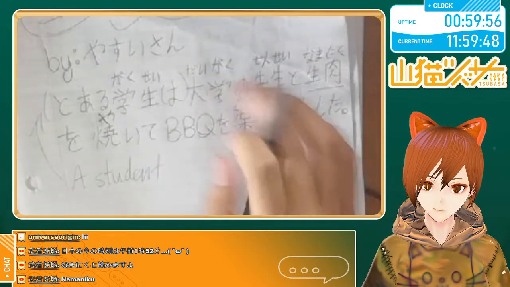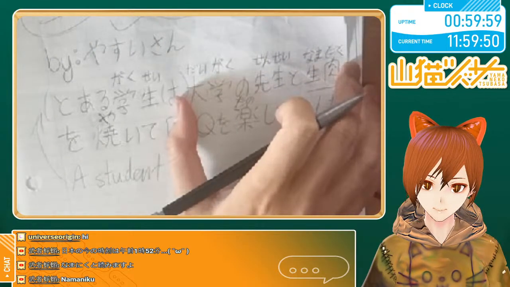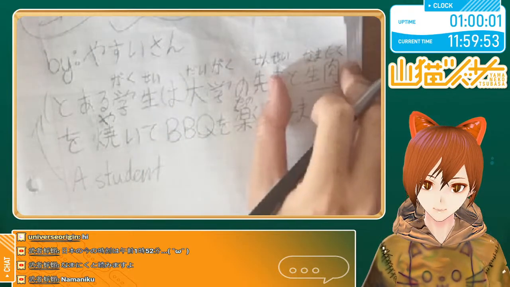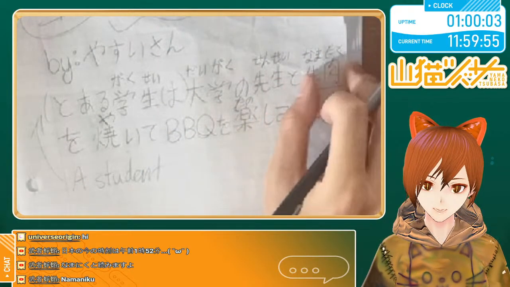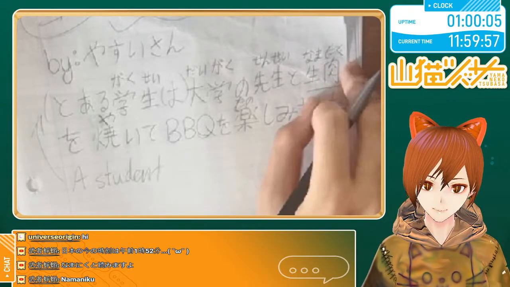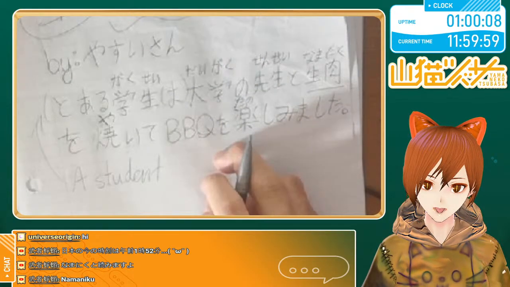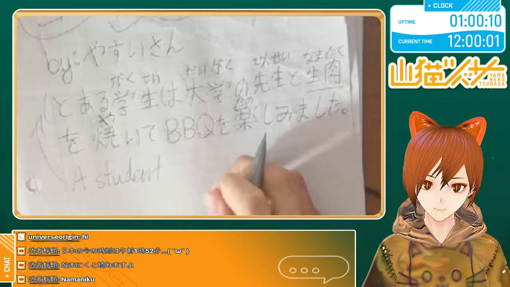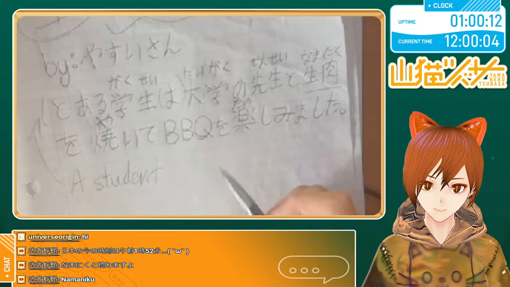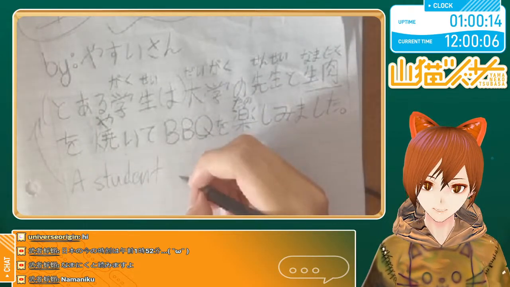So this phrase is university teacher, so professor, and raw meat. So this is a section, student.